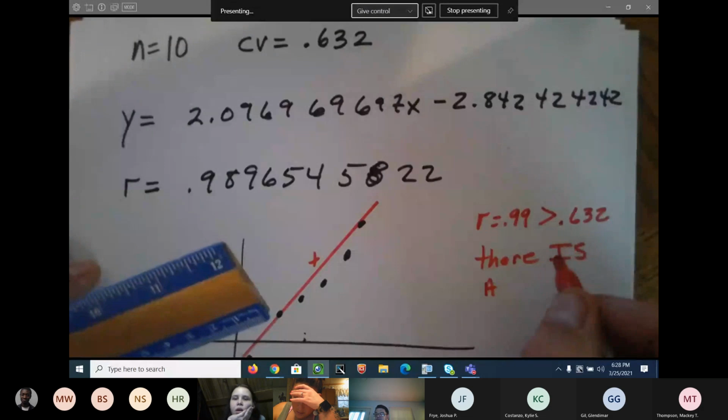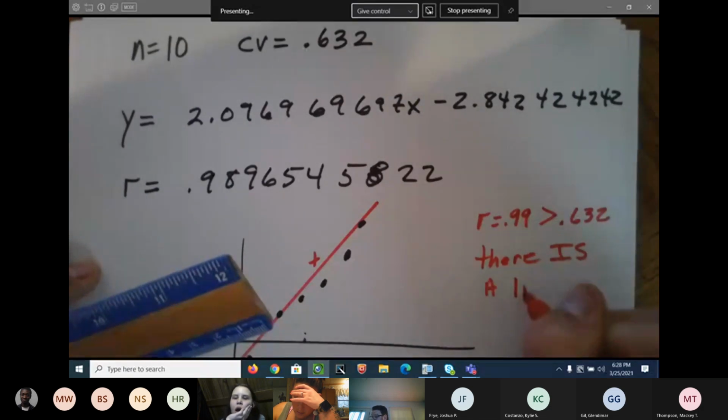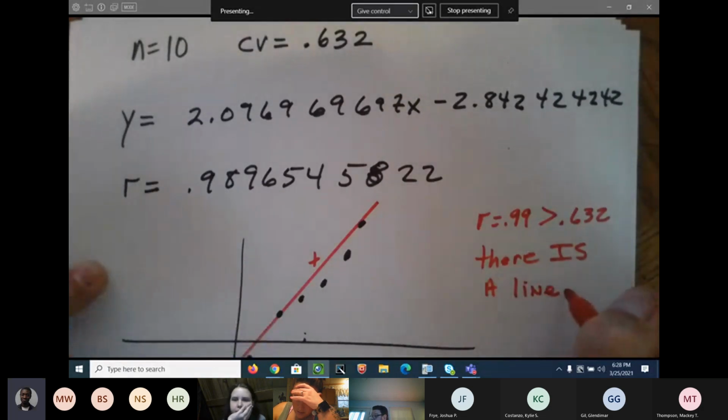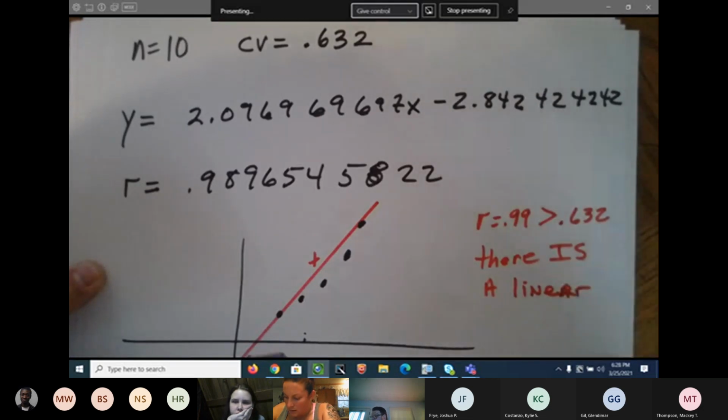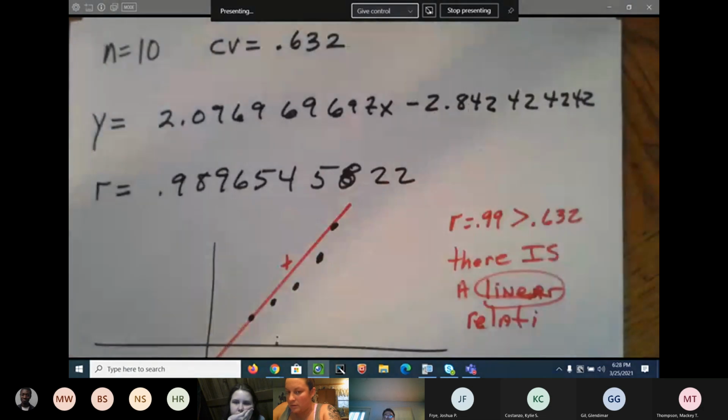It's called a what? Linear regression. It might say regression, or it might say linear correlation, or it might say linear relationship. But the key word is what? Linear.